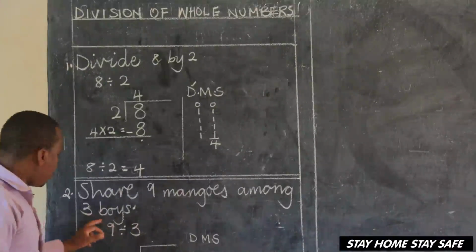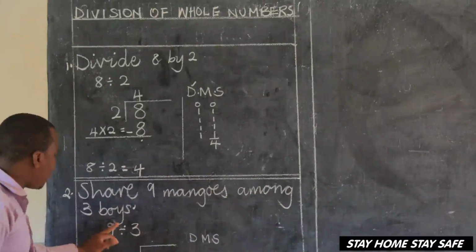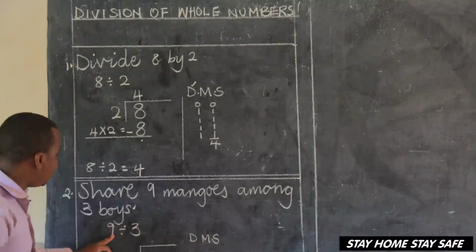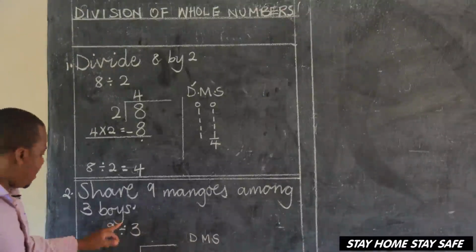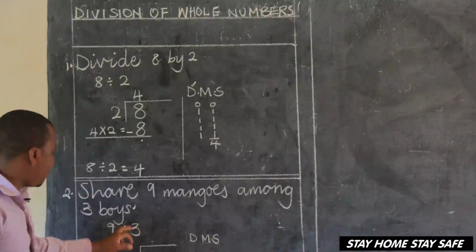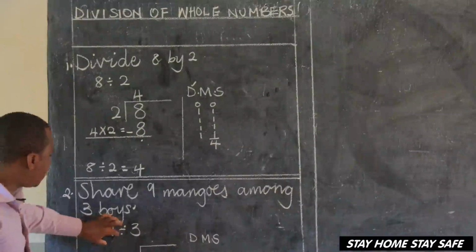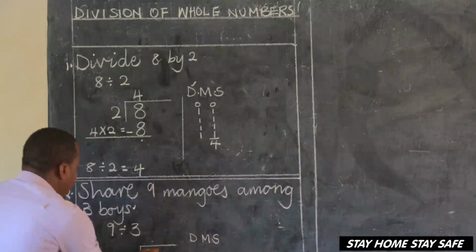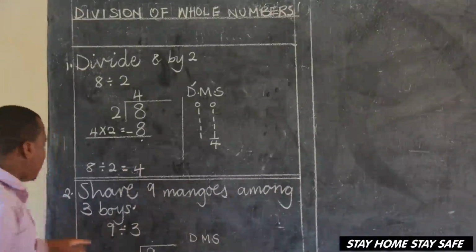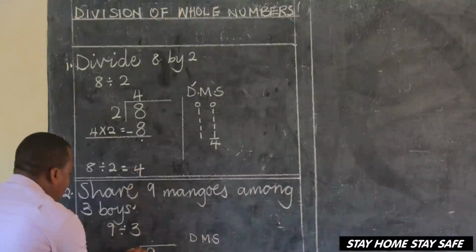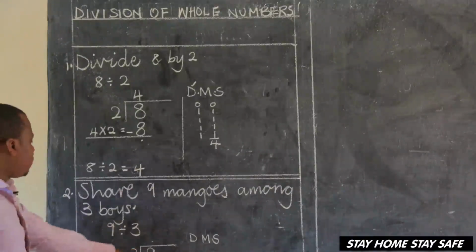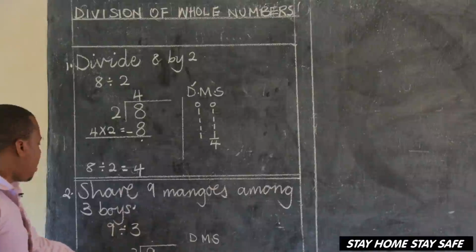So what do we call this number here? This number is called the dividend. Don't forget that. Then this one is called the divisor. So I first put the dividend in the symbol, then I put the divisor out here. So the dividend goes in and the divisor out.